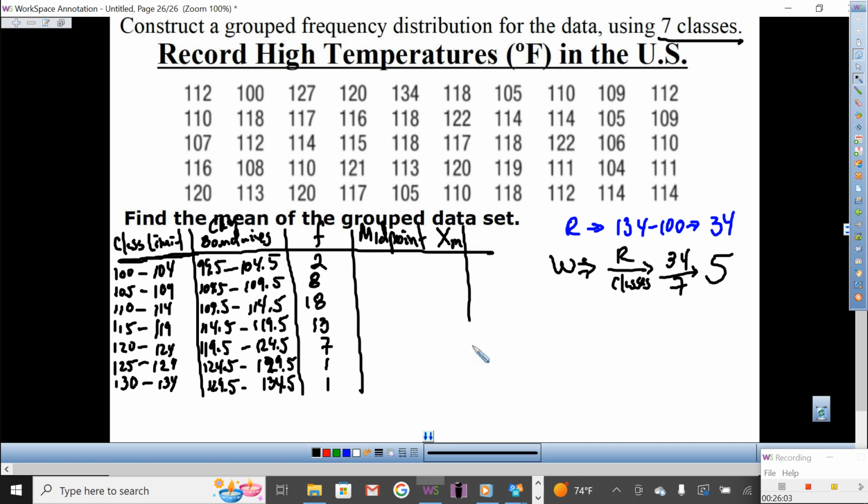So we're going to find the midpoint of each class, okay? So let's look at the class limits. My bad, the class boundaries, and find the midpoint. So find me the midpoints and write them here for each of the class boundaries, please. Go. I'll give you some time.